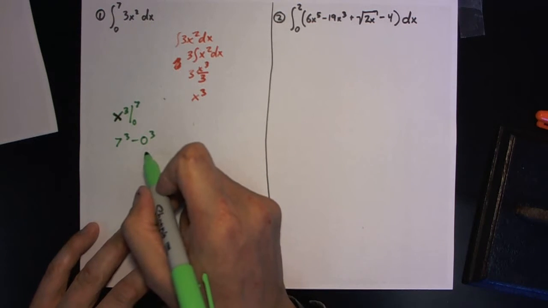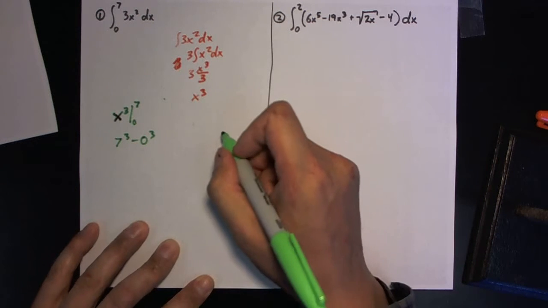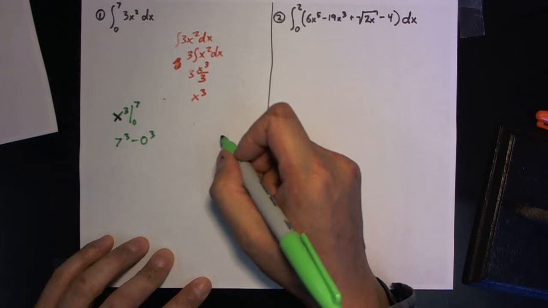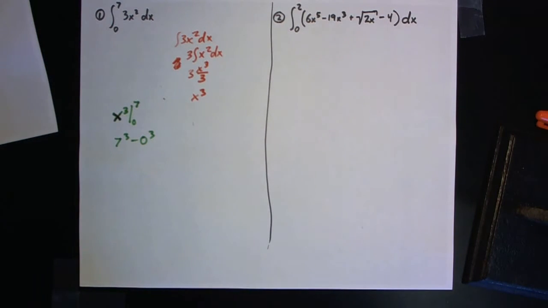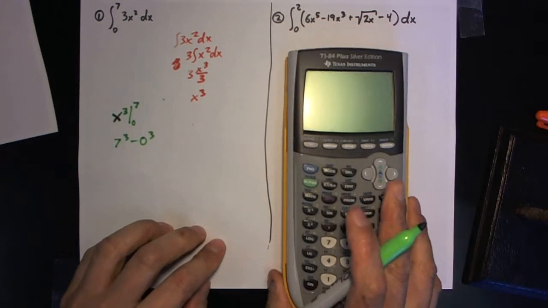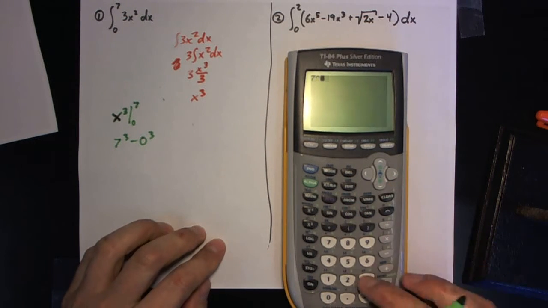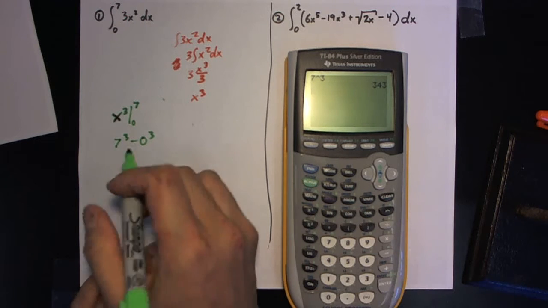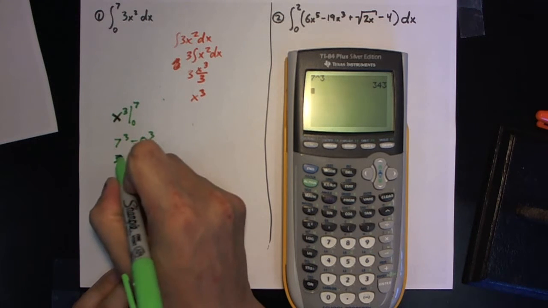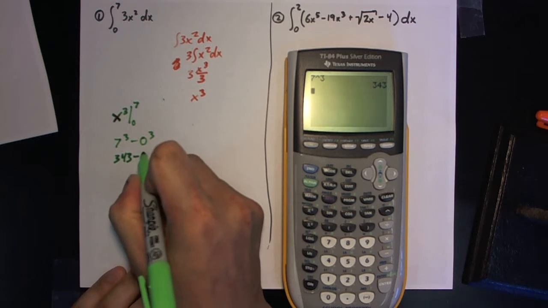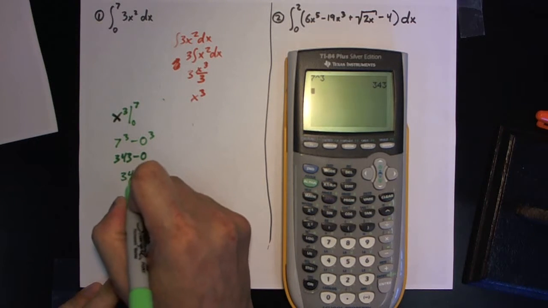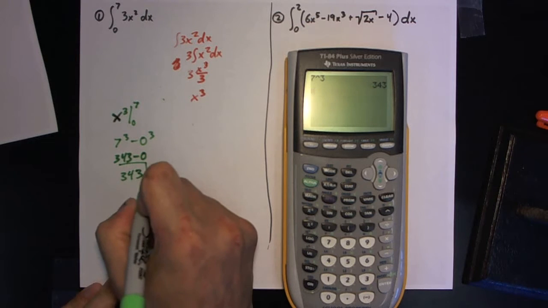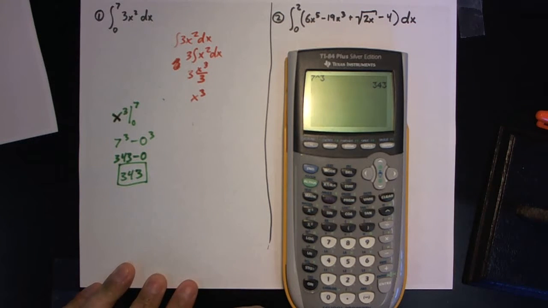Well, 0 cubed is easy, that's 0. 7 cubed is 49 times 7, let me get a calculator. 343. And so 343 minus 0 is, not surprisingly, 343.